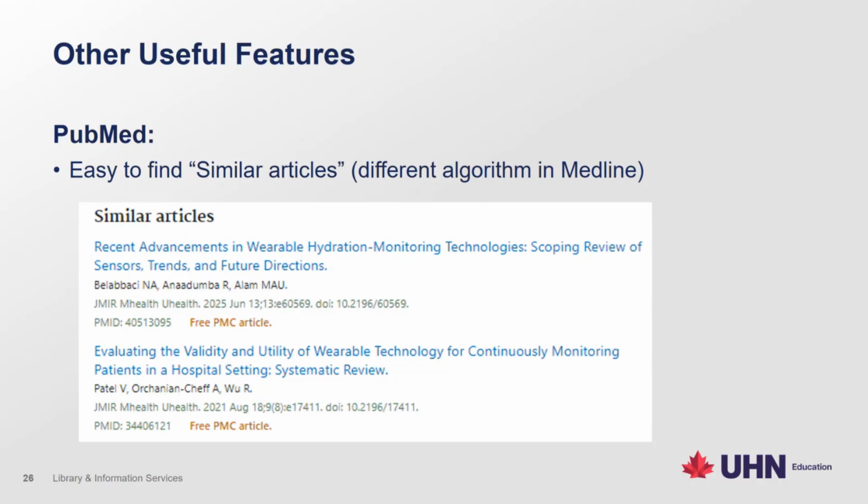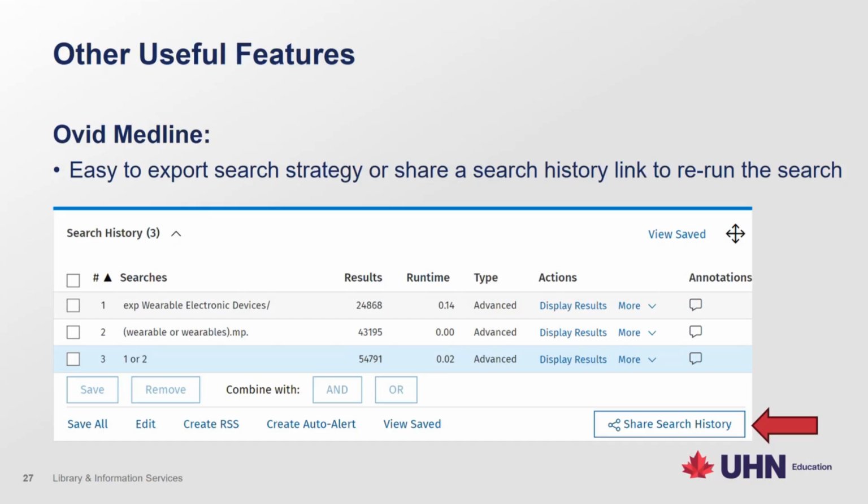If you look under the abstract, it will list a few articles, and this is kind of an informal way to find a few relevant articles quickly. Medline also has this function, but I find that sometimes it brings up fewer or no articles, or significantly more results, which may be more than what you're looking for in a really quick search.